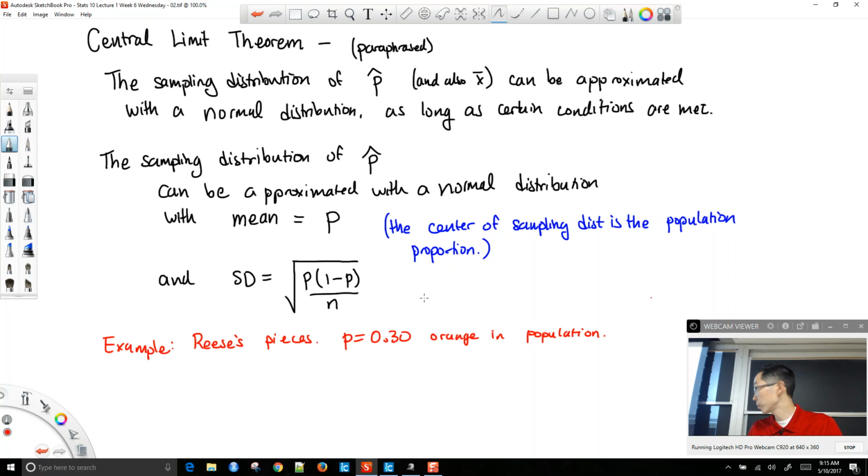And what we will do is we take random samples of 50 pieces. So we can say, what is the normal distribution we can use to approximate the sampling distribution?